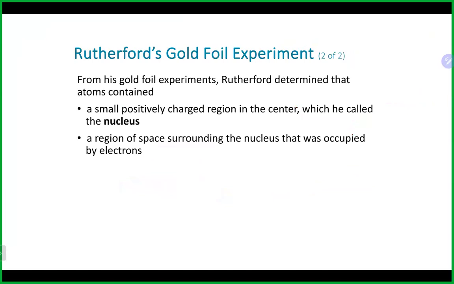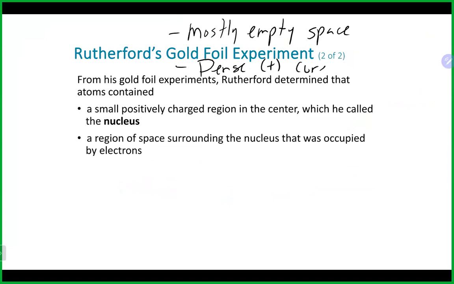Basically, what they said was the atom is mostly empty space. So Rutherford said mostly empty space. It also must contain a pretty dense positive core that they call the nucleus. So it has a dense positive core known as a nucleus.